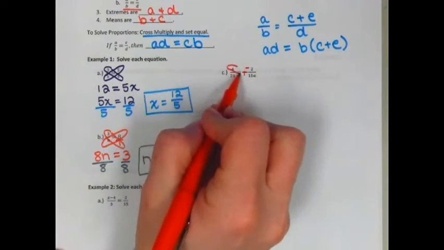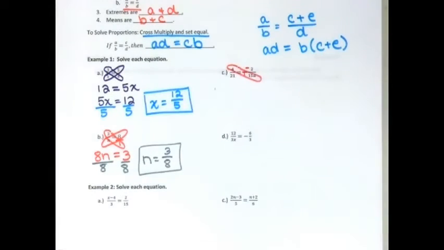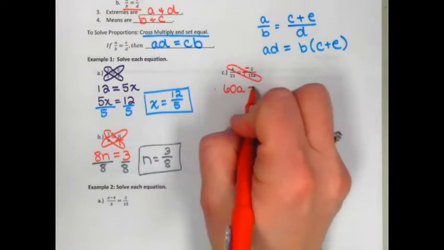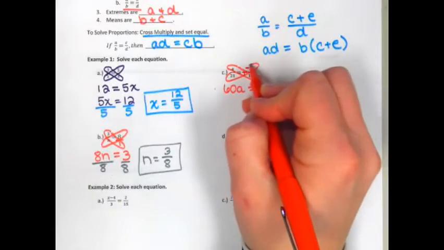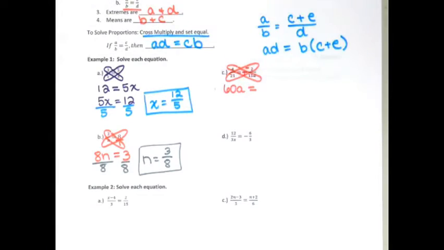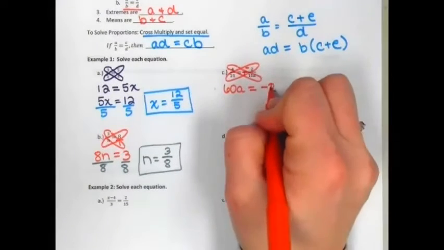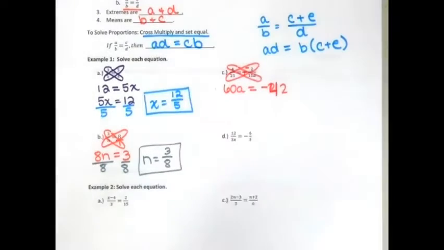What's 4 times 15a? 60a, yeah, equals 21 times a negative 2, negative 20, or negative 42, sorry, negative 42. And then how do I solve for a?